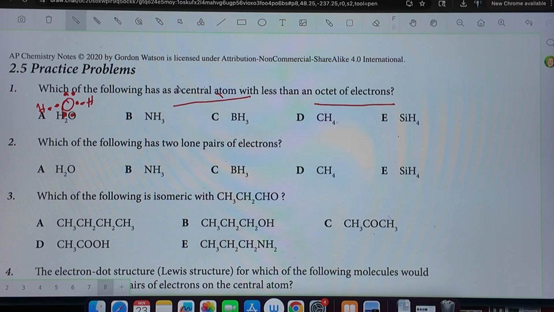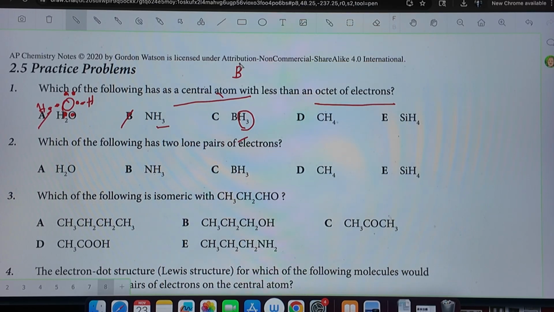What about NH3? N has 5, and then it gets 1 from each of these hydrogens, so it's not A, and it's not B. B, for boron, has 3, and then it gets 1, 2, 3 from the fluorines.